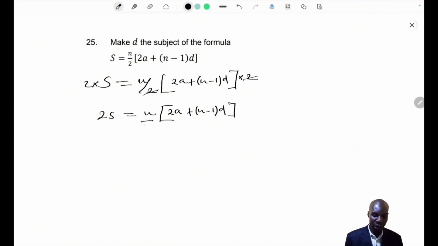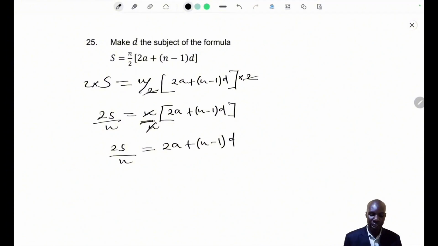Then we can divide both sides by n, so that will give us 2s over n should be equal to 2a plus n minus 1 d. Our aim is to make d the subject of the formula, so we'll have 2s over n minus 2a should be equal to n minus 1 d over 1.